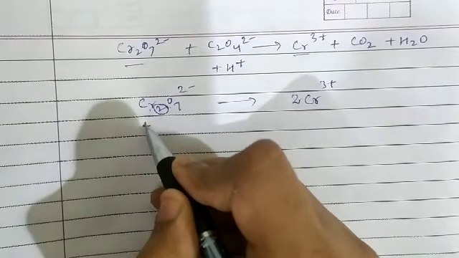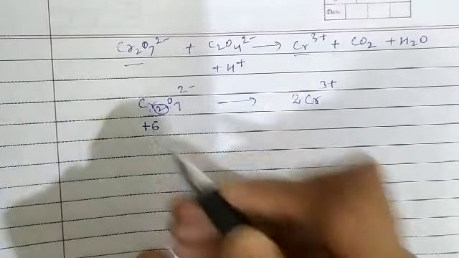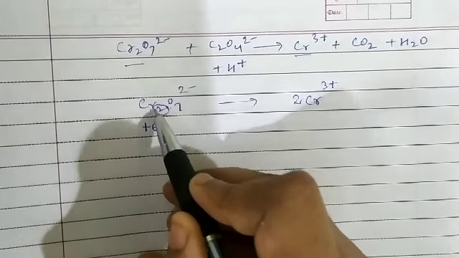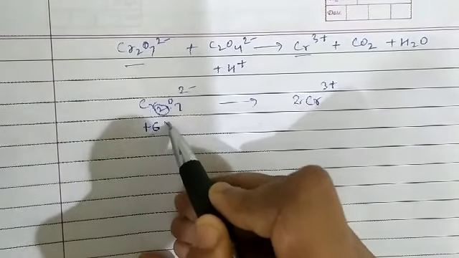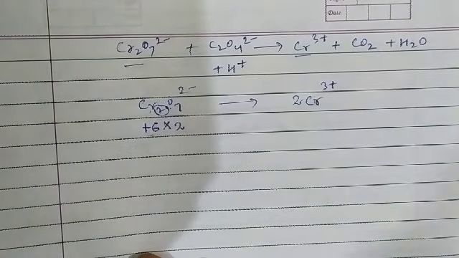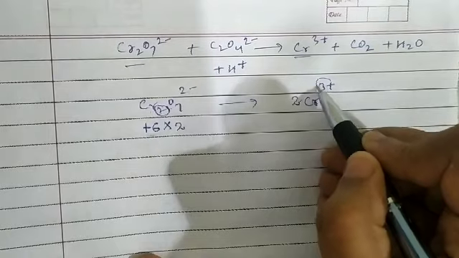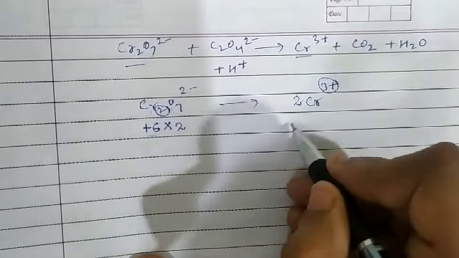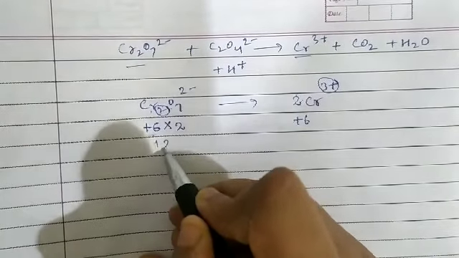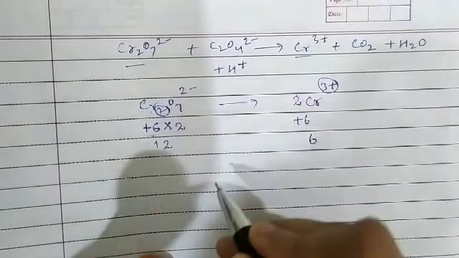So the oxidation state of chromium is +6 per atom. For two atoms, the oxidation number will be +12. One atom of chromium carrying +3 charge, for two atoms will be +6. So basically the oxidation number changes from +12 to +6.